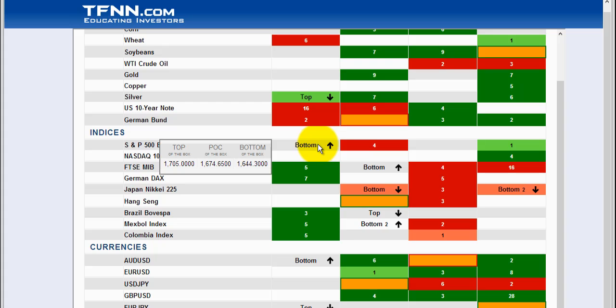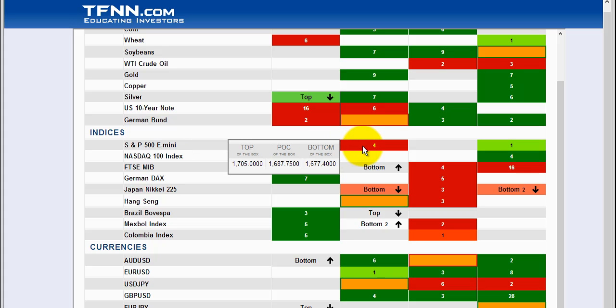If we close or continue south below the bottom here of this box, and it will tell you that on this particular grid, then we've got some compromise of the long-term trend, and the intermediate trend has actually been in short mode since 1677. I've said a lot there.